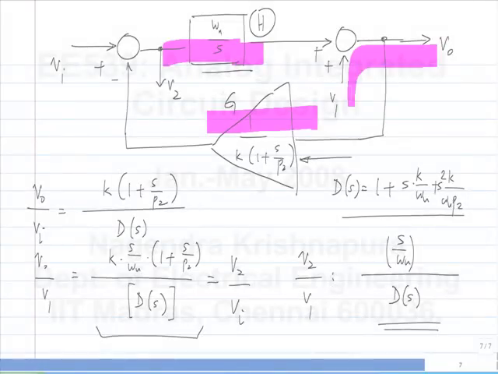Okay, so you have a direct path from Vi to V0. So whatever you evaluate, that should come out to be 1 at very high frequencies. Okay, because we know that the loop will be broken at very high frequencies. Not broken in the sense of physically breaking connection, but broken because whatever you feed here, nothing comes back here. Okay, the signal magnitude is very small.